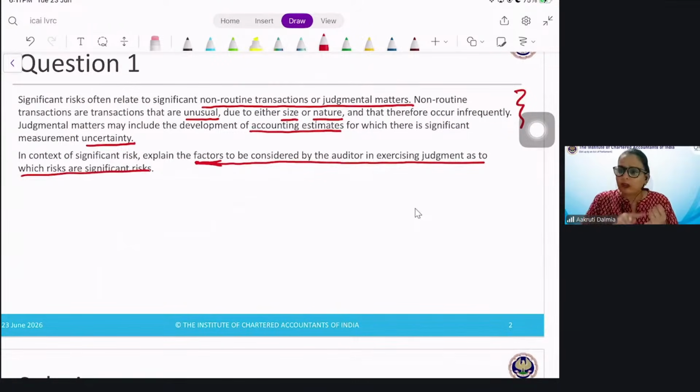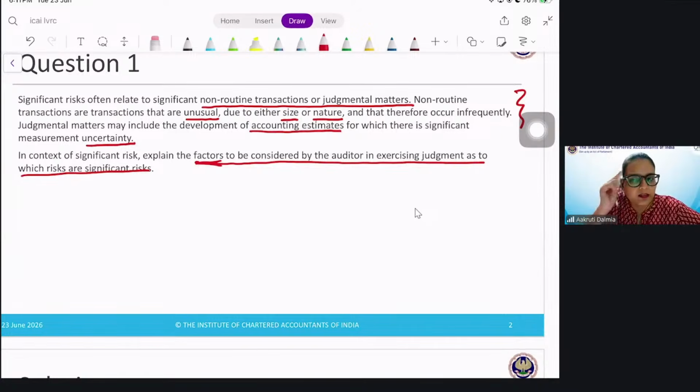So if you have studied the book, if you have done revision, this is like question answer, straightforward, like you have practiced in childhood and schools also. Question is there, answer is there in the chapter. So factors to be considered by auditor in exercising judgment. Chalo, we have identified this is a direct question.